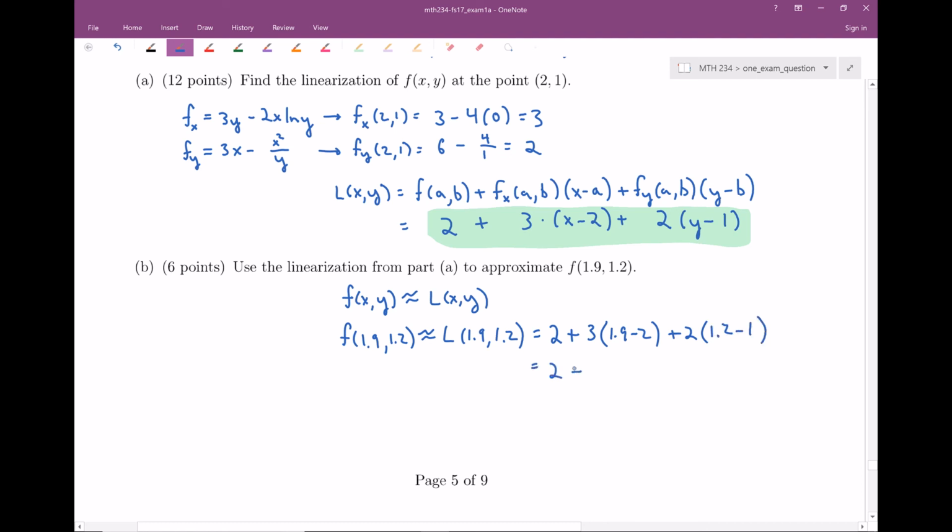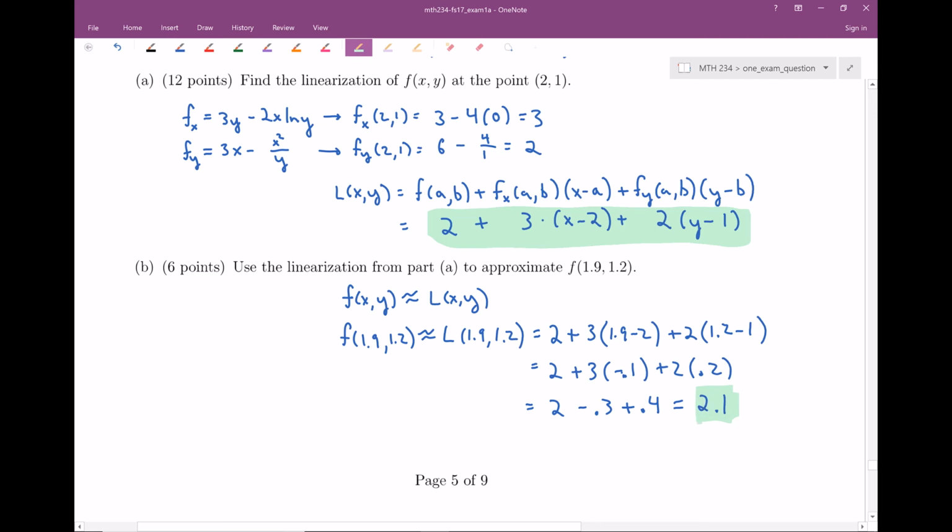So we have 2 plus 3 times negative 0.1, and then plus 2 times 0.2. That's 2 minus 0.3 plus 0.4. Altogether we're going to have 2.1.